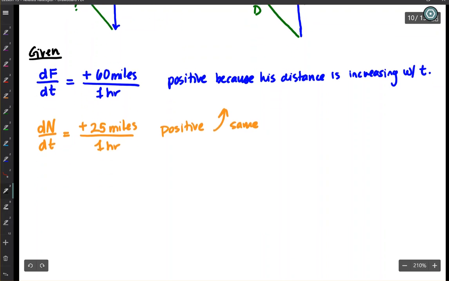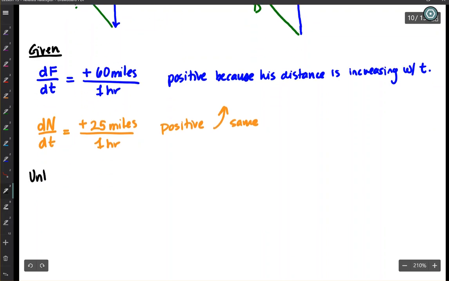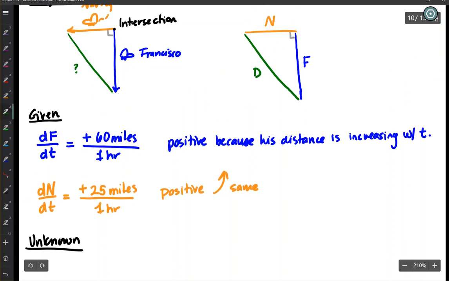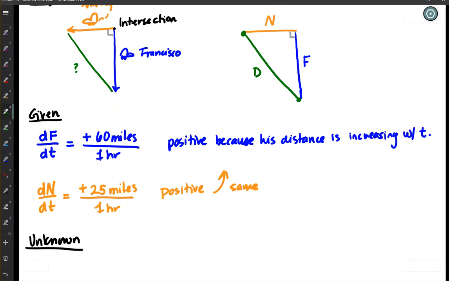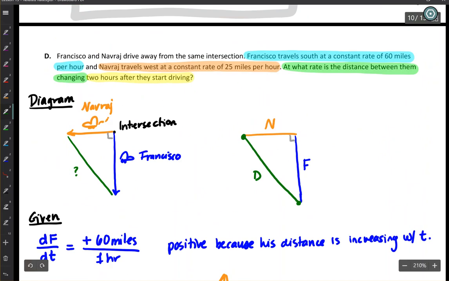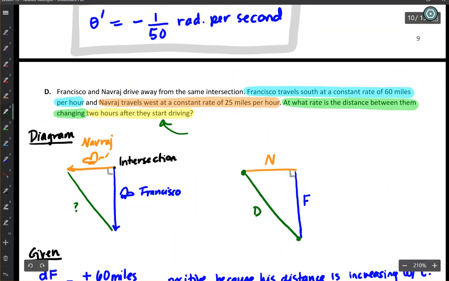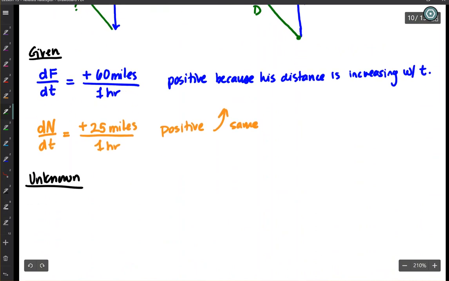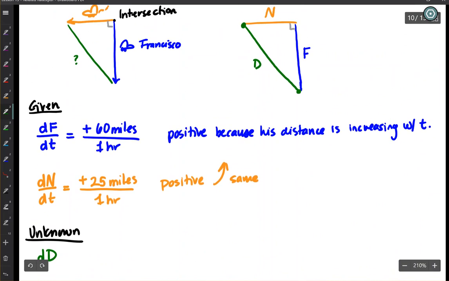Unknown: we're asked to find the rate at which the distance between the two is changing with respect to time at a particular moment, 2 hours after they started driving. So we want to find the rate at which the distance, and I was using big D for the distance between them.